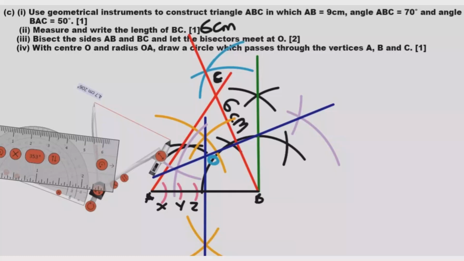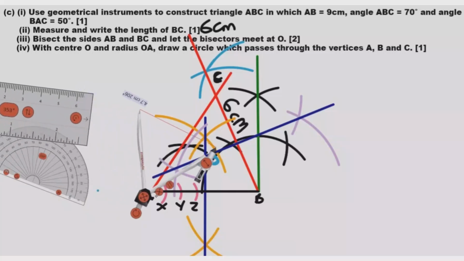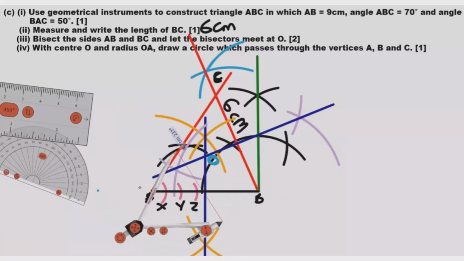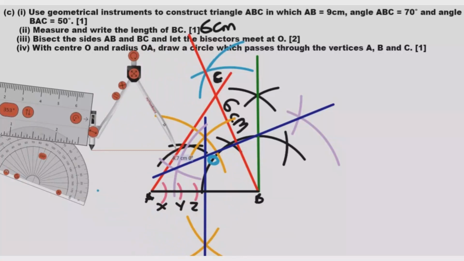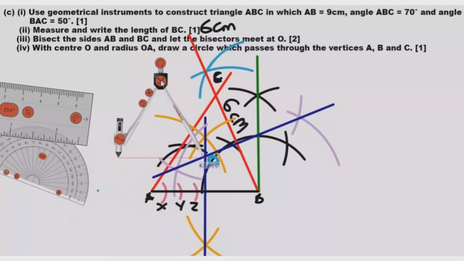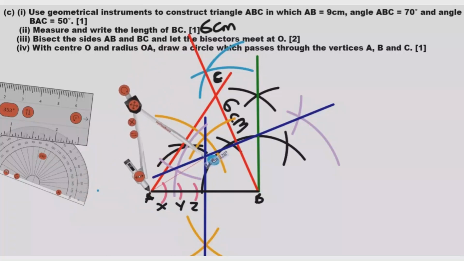So what we need to do is get the compass, and put it on O, and then this will pass here, like that.